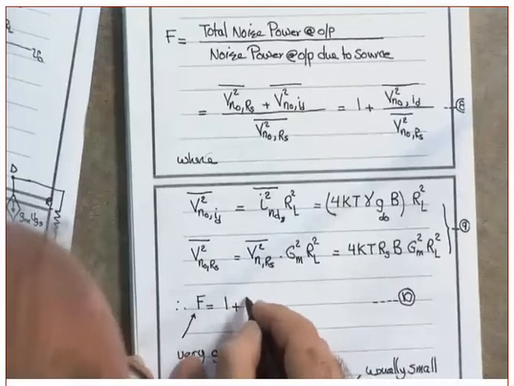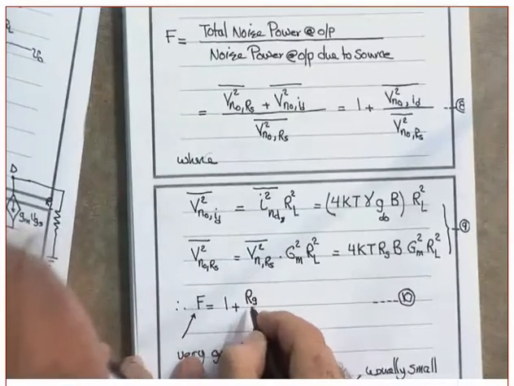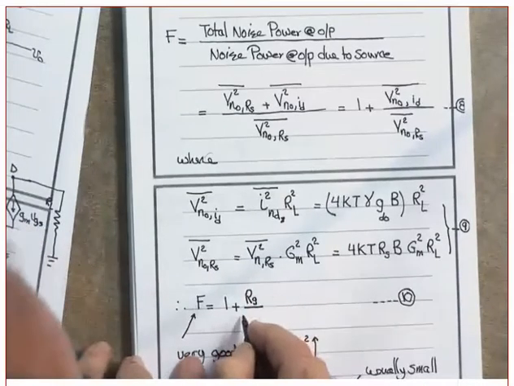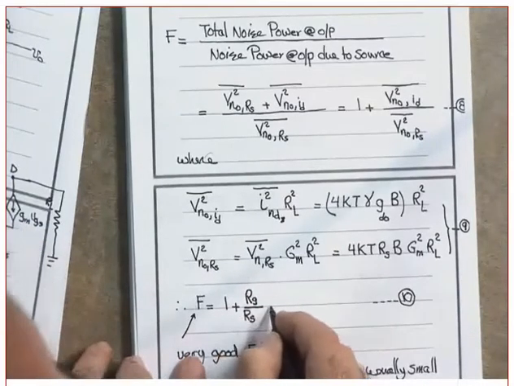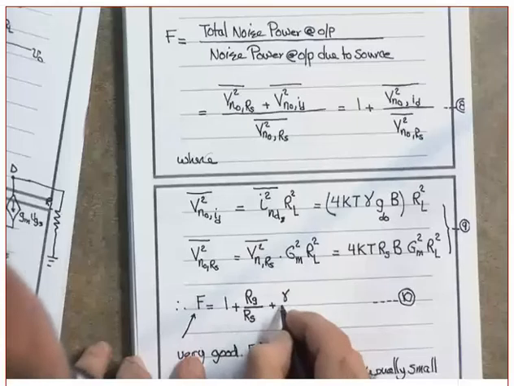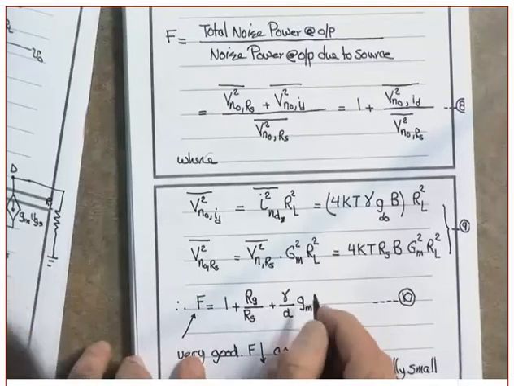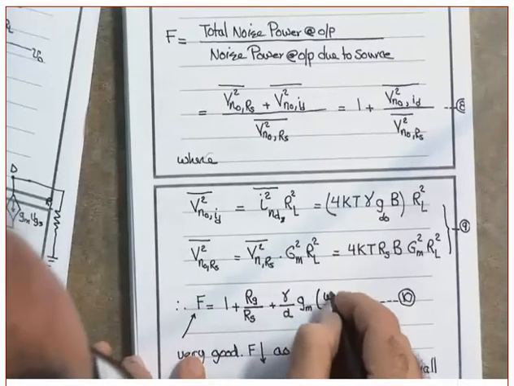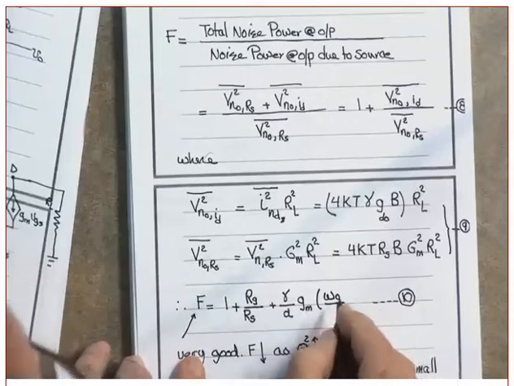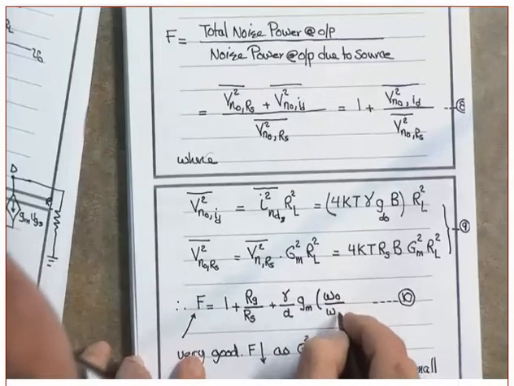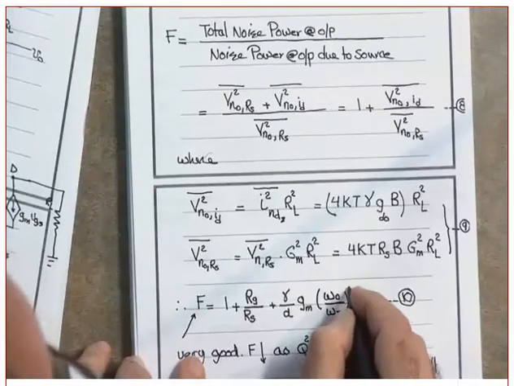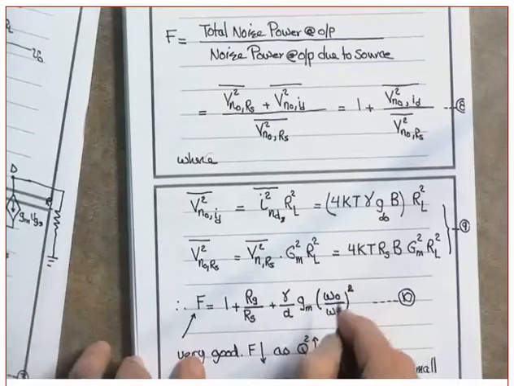Now, what is this? Let me write it down. This is RG over RS plus gamma over alpha GM times omega naught over omega T, the whole thing square.